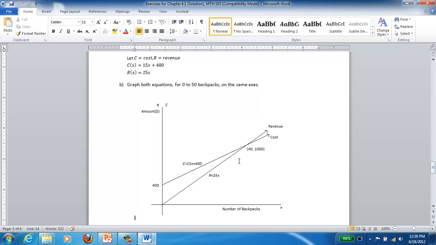If we set those two equations equal to each other and find the point of intersection by any method, although you can see a graph in front of you, we see that the point of intersection is the point x equals 40 and y equals 1000. Here x is equal to 40 means the number of backpacks that must be manufactured and sold in order to break even is 40, and that the cost and the revenue at that point is $1,000.